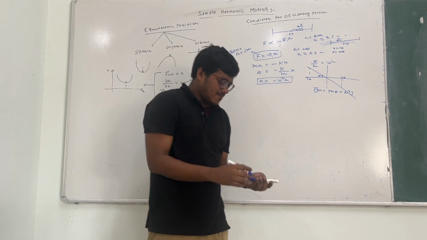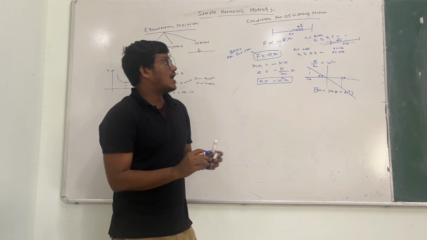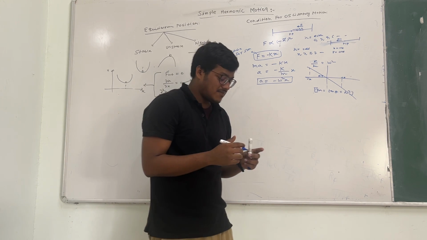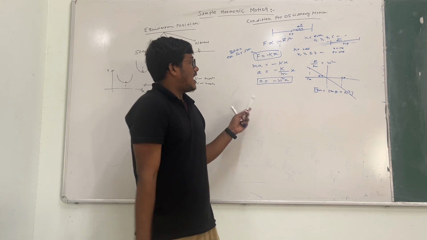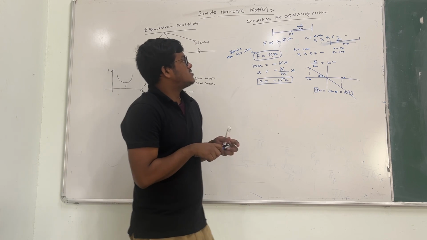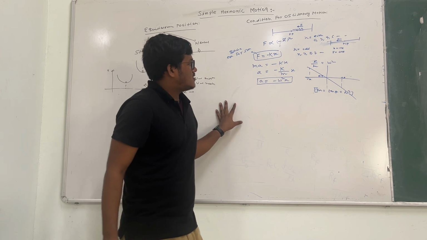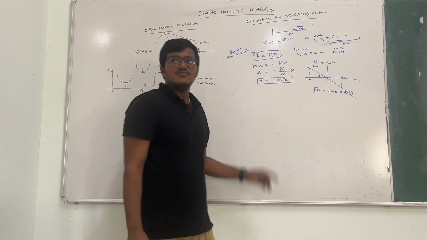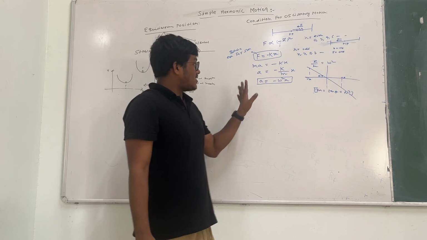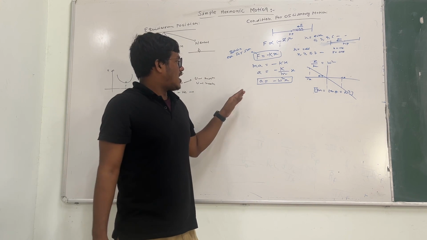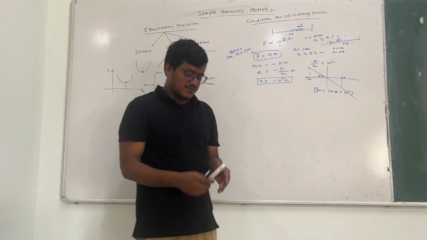So what we have seen is that the position, velocity and acceleration all vary with time. So our aim is to calculate the position as a function of time, the velocity as a function of time, and the acceleration as a function of time, because everything is a function of time. So our next aim is to develop some kind of equation.